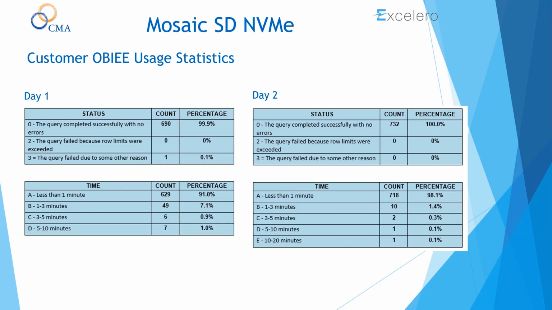Then they get up to almost 99%, 98% of 650 plus queries, all running simultaneously over the course of the 8-hour day, returning in less than 3 minutes. And on the second day, we see the similar thing.